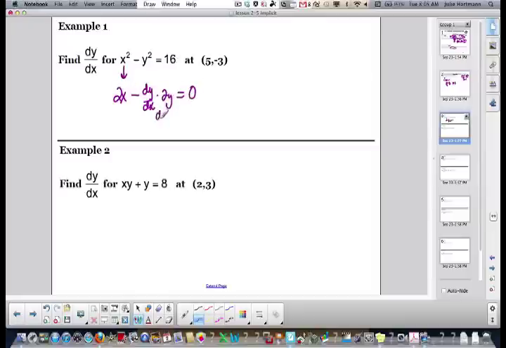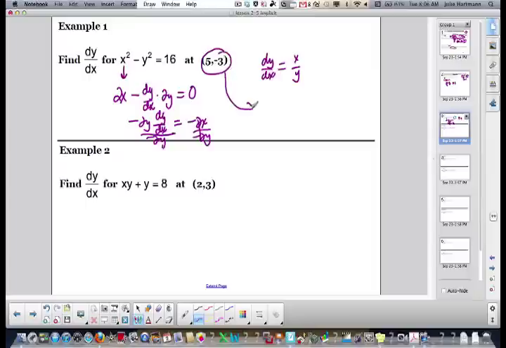So here, subtract the 2x and divide by negative 2y. So you have dy/dx equals, the 2's cancel, the negatives cancel, x over y. So at the point (5, negative 3), dy/dx equals 5 over negative 3.